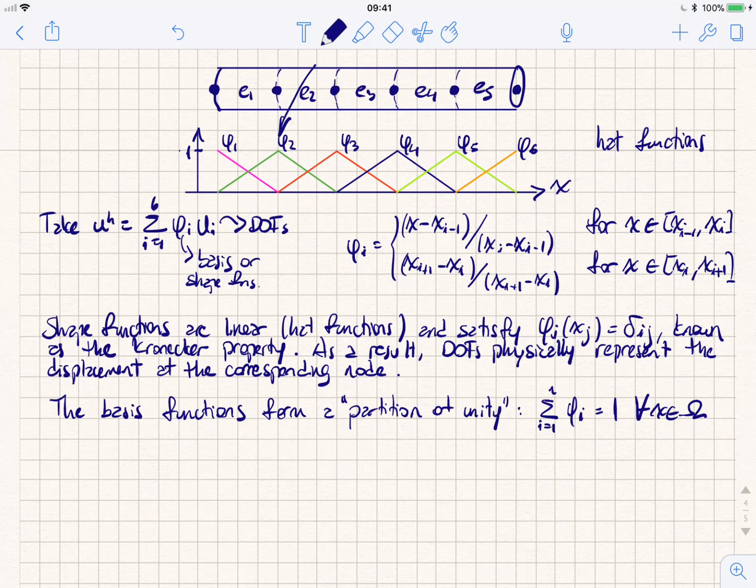Or should the first x be just x? In the definition of phi, the second line is 1. The second shape function is, yeah, it's minus x, right? Okay, thank you so much.